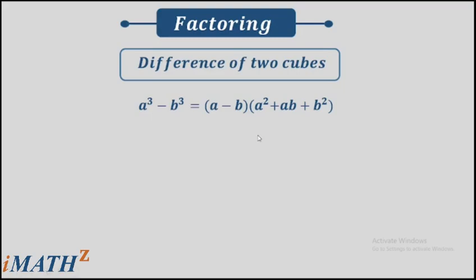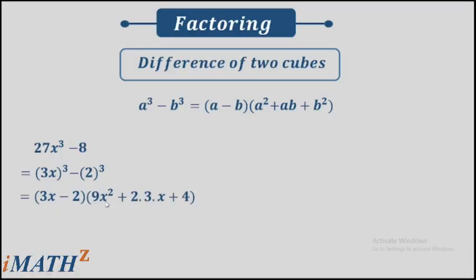So let's take a look at an example. 27x cubed minus 8. 27 can be written as 3x all cubed, and 8 can be written as 2 cubed. So that means a is equal to 3x and b is equal to 2. Plugging a and b into this equation here gives us 3x minus 2, which is the same as a minus b, times 3x squared, which is the same as a squared. 3x squared gives us 9x squared, plus a times b.